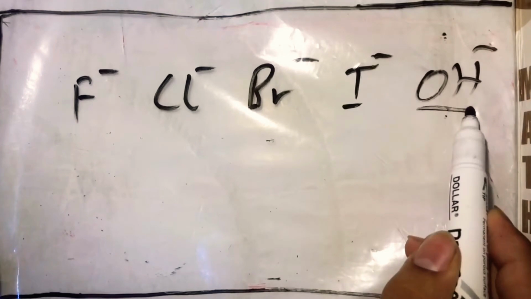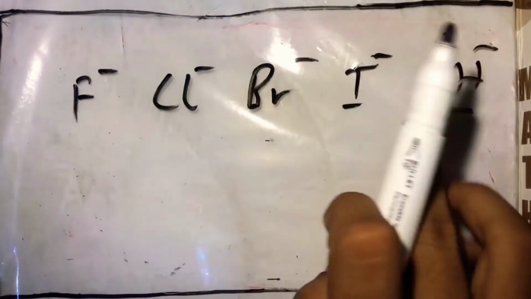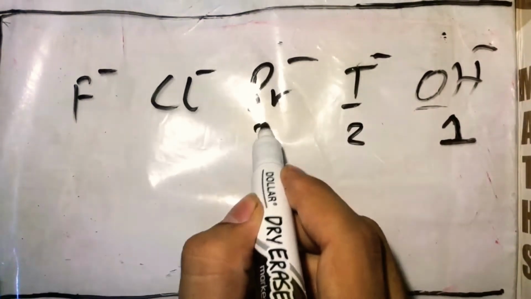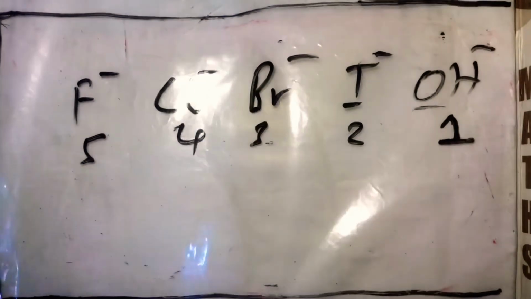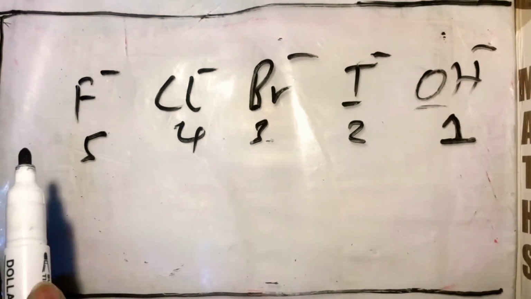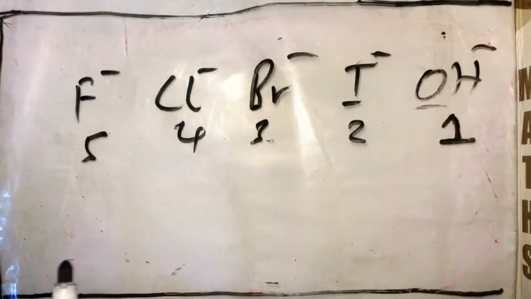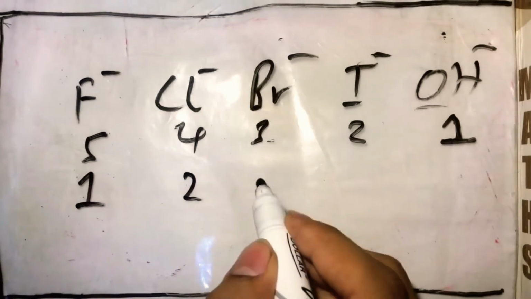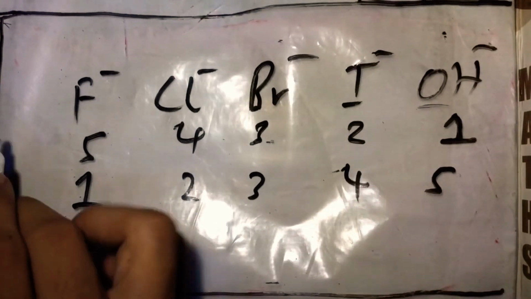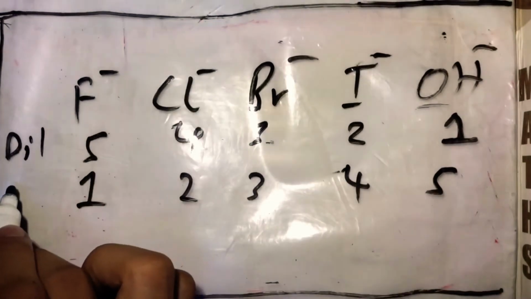In dilute solutions, the concentration of hydroxide ion is the highest. So in dilute solutions, hydroxide ion discharges first and fluoride ion discharges last. While in concentrated solutions, the concentration of fluoride ion is higher than hydroxide. Therefore, fluoride ion would discharge first and hydroxide ion would discharge last. This is dilute and this is concentrated.